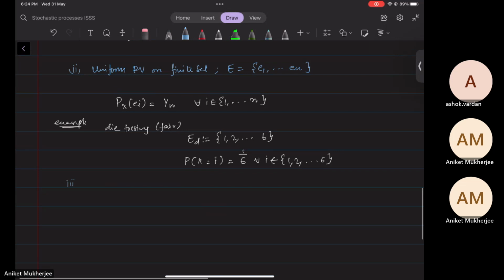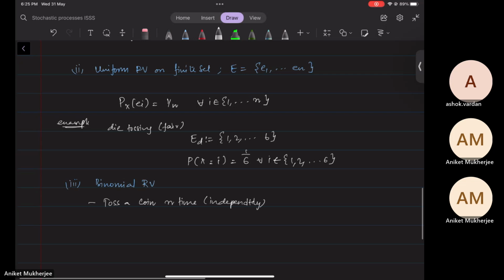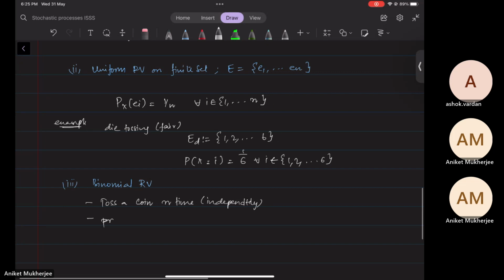The third one is the binomial random variable. You toss a coin n times independently, with probability of success p, and the random variable X is the number of successes in n trials.